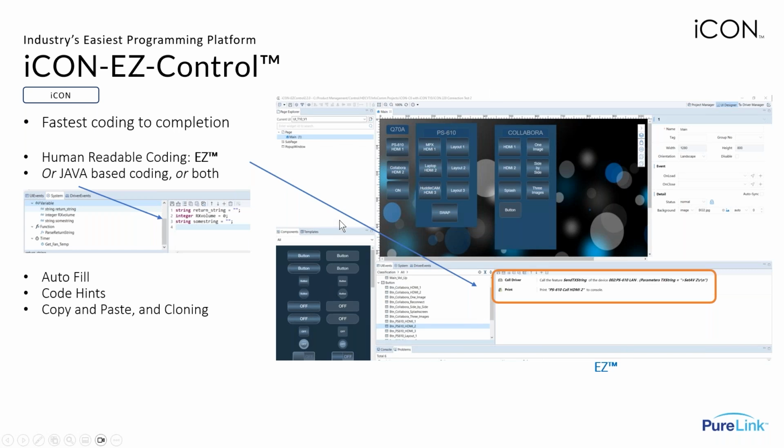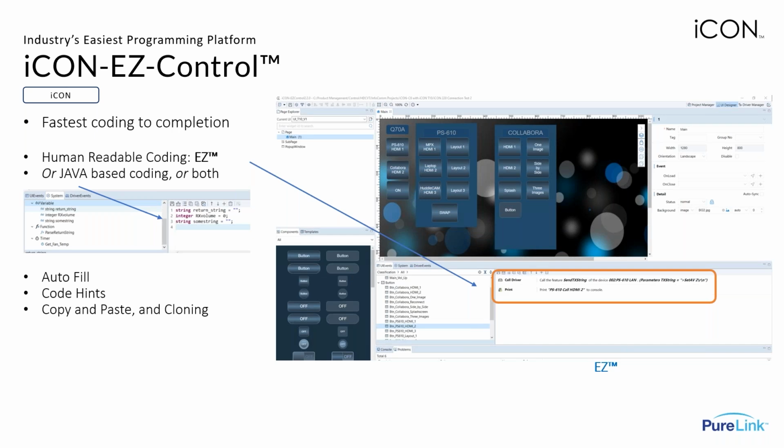In the lower left, you have components and templates. And components are essentially all the different things you would put on the canvas. So you have buttons and sliders and text boxes and graphic image holders. So everything you need to create the user interface exists in the component area, and all of those can be modified.